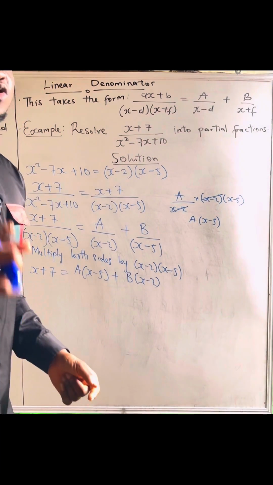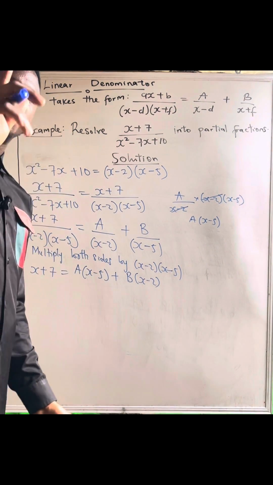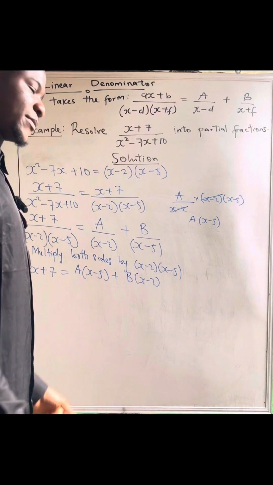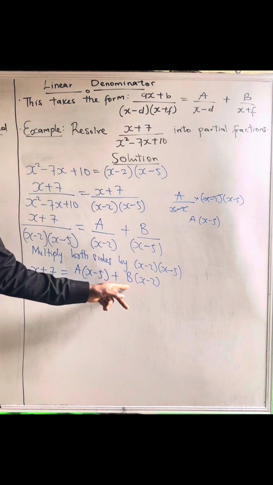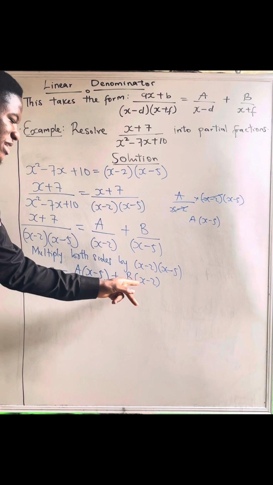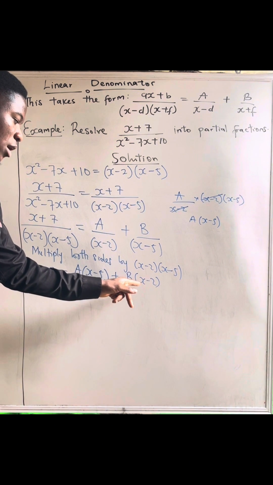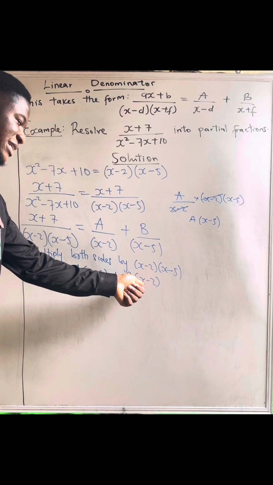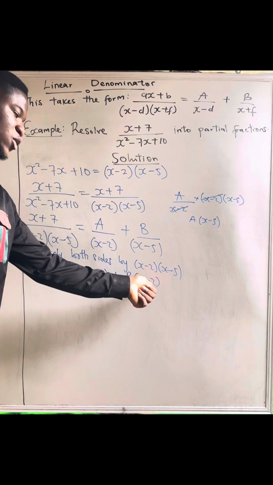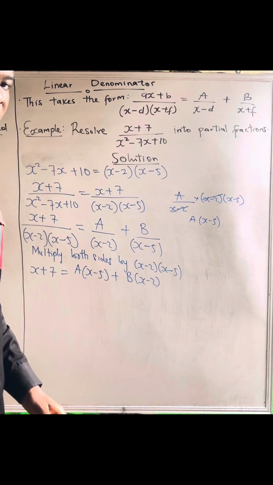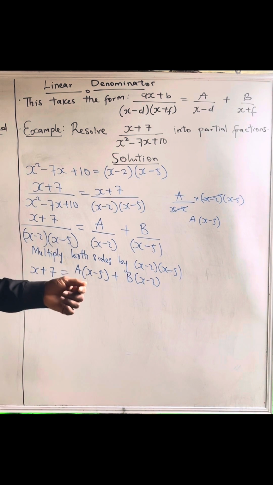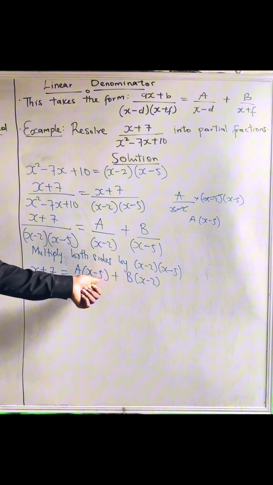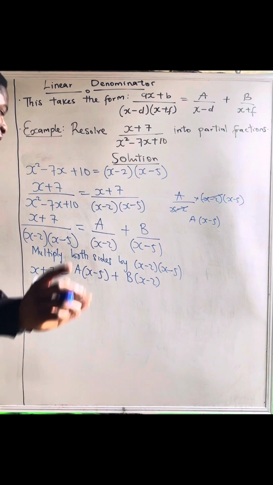And if I want to get the value of b, I am going to eliminate a. Whenever I want to eliminate b, I'm going to equate its factor, x minus 2, to 0. Also, if I want to eliminate a, I'm going to equate x minus 5 to 0. So let's do that, guys.